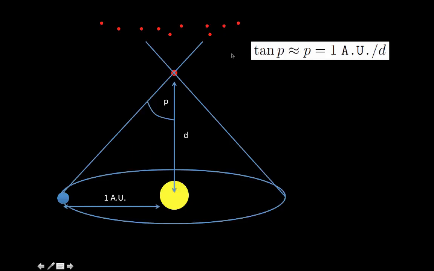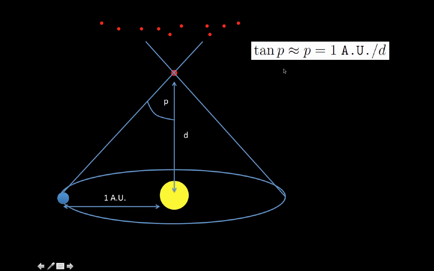So simple geometry says that the tangent of this angle P is just equal to the opposite side of the triangle over the adjacent side, so 1 astronomical unit divided by the distance D to the nearby star. Now, as you'll remember from last week from the scales of the universe, the distance to even the nearby stars is enormously greater than 1 astronomical unit. And so this angle P is always going to be very, very, very tiny.